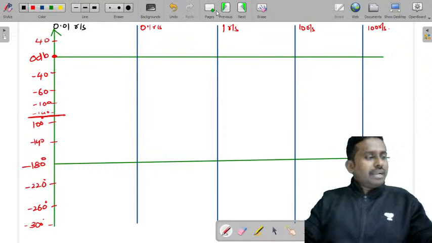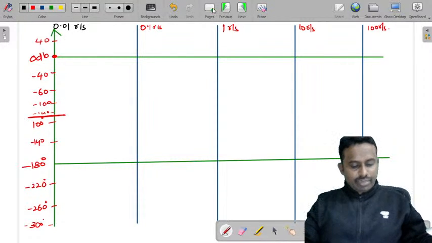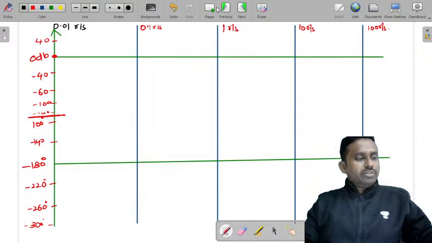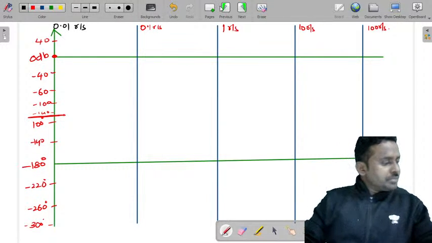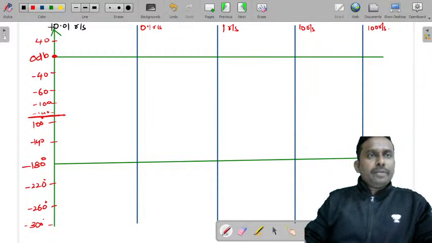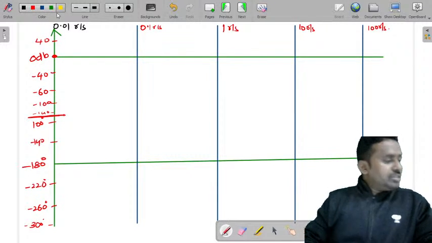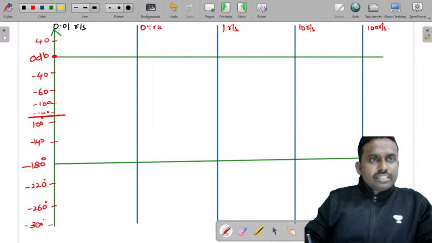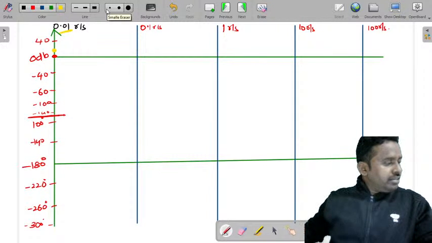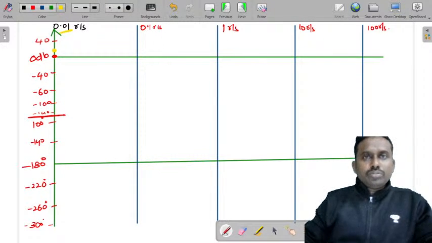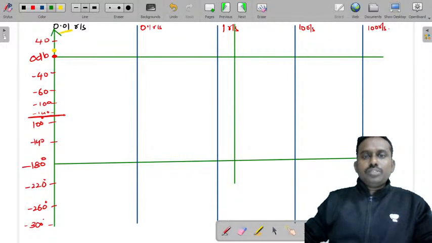Now let's look at the magnitudes. If you have the magnitudes, you can check that. I'm just trying to represent this. At 0.01 you have 13.9, so I'll mark a point here. Next, at 2 radian, minus 32. This is 1 radian, and I'll consider this next line as the 2 radian line.